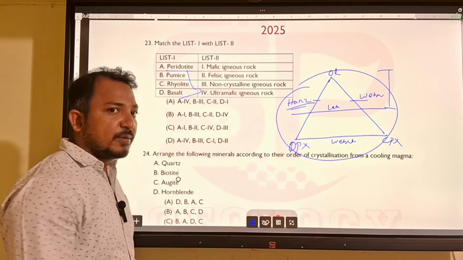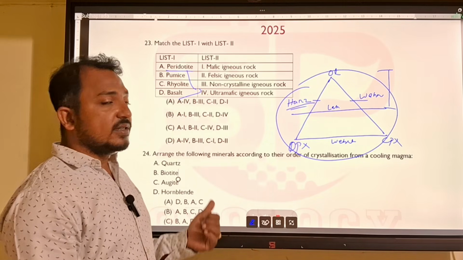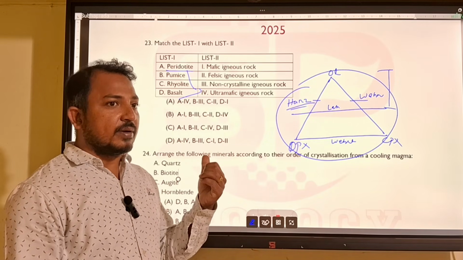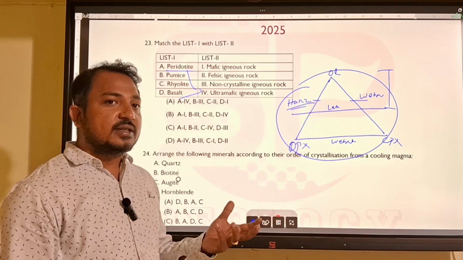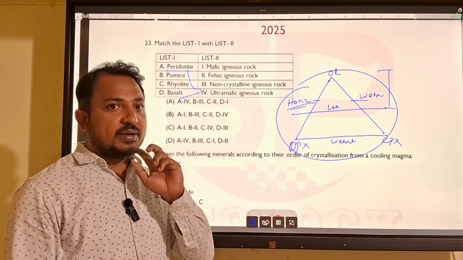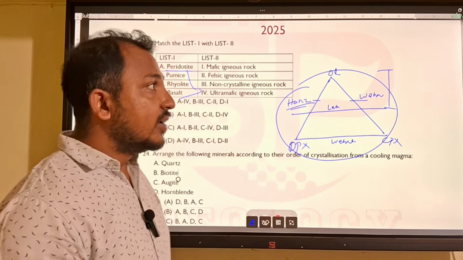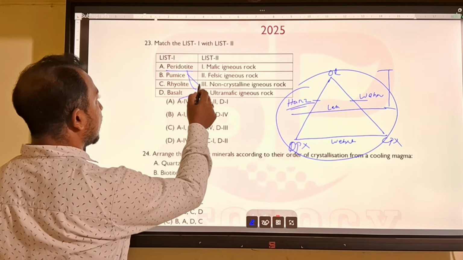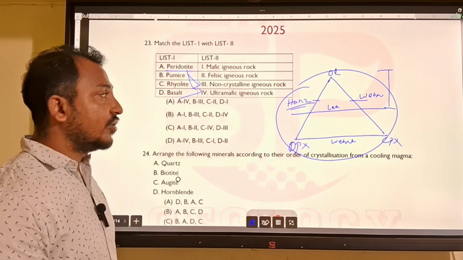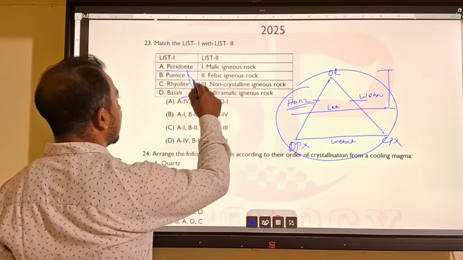Then pumice. Pumice is a felsic volcanic rock, lighter in color, whose main characteristic is that it is highly porous, so it floats on water. It is a glassy rock, non-crystalline, so it comes under non-crystalline igneous rock. Then rhyolite is a felsic igneous rock.